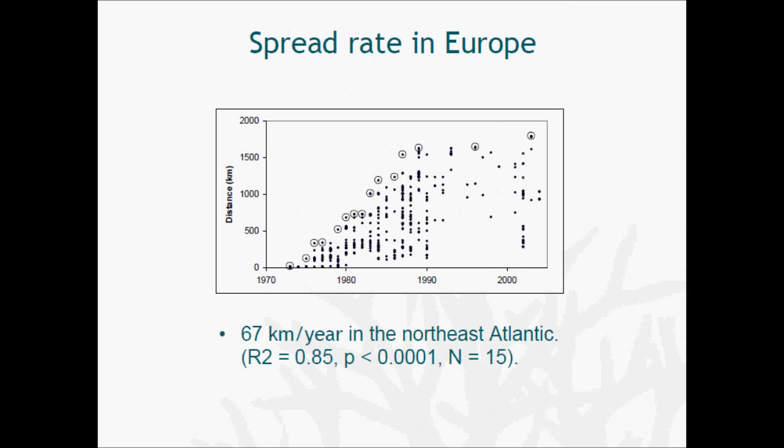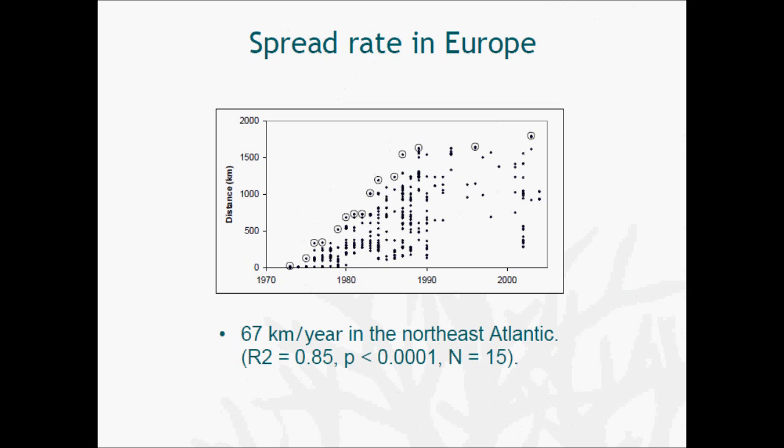If you take the top ones here, you can calculate the spread rate, because you just use this for the regression analysis, and you calculate the slope, and the slope is the spread rate, meaning that in Europe, Sargassum muticum travels 67 kilometers each year. So each year it spreads 67 kilometers.